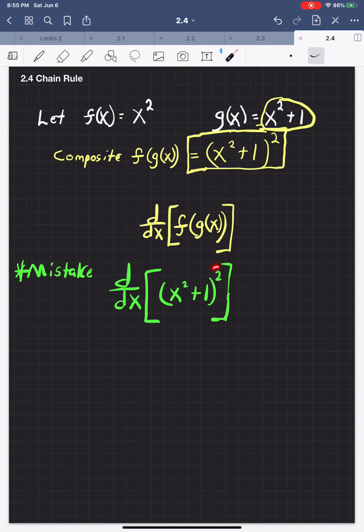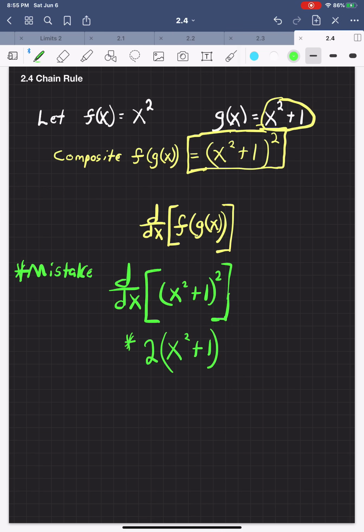All I have to do is take the 2, bring it out front, and then subtract the 1 from the exponent. So let's assume the student were to proceed that way. In that case, you would have 2 times x squared plus 1 to the power of 1.